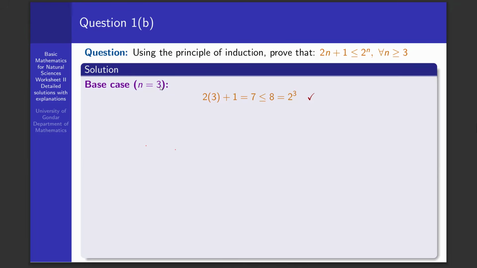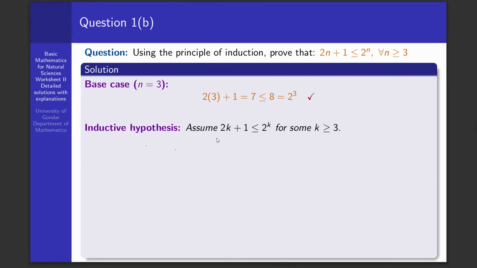After checking this, we proceed to the inductive hypothesis. The inductive hypothesis is simply assuming that the statement holds true for an arbitrary natural number which is greater than or equal to 3.